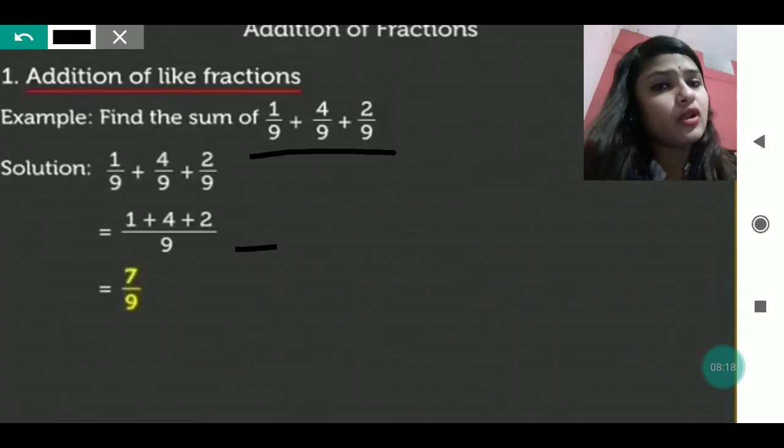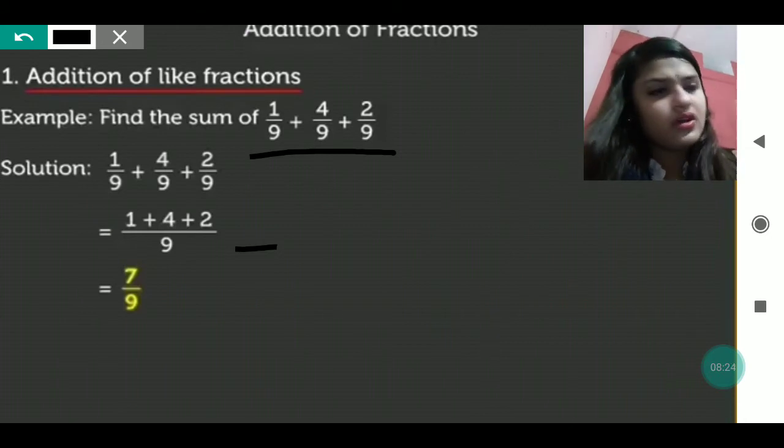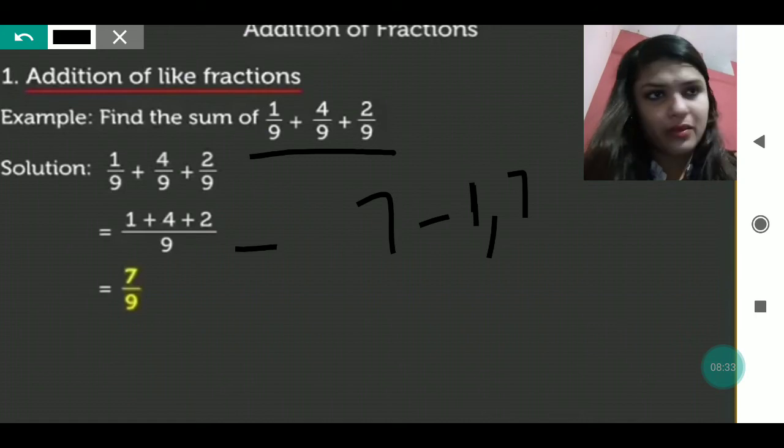When you find the lowest form of this, it is already in its lowest form. When you find the common factors, the factors of 7 are 1 and 7.